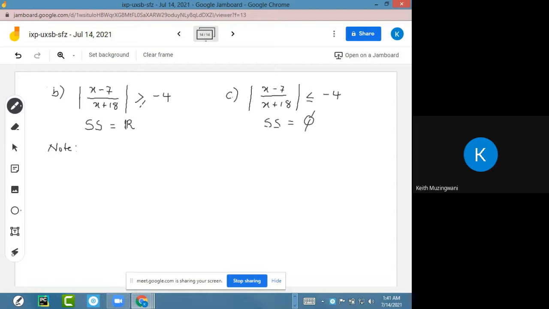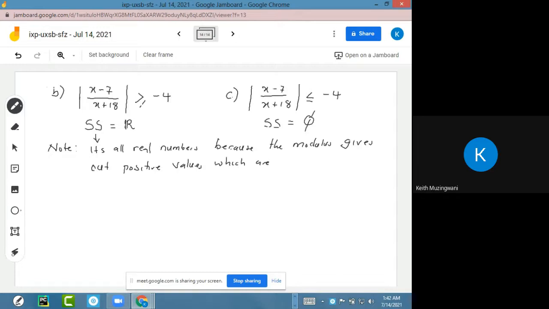So what have we said? From this one, we are saying it's all real numbers because the modulus gives out positive values, which are always greater than a negative number.